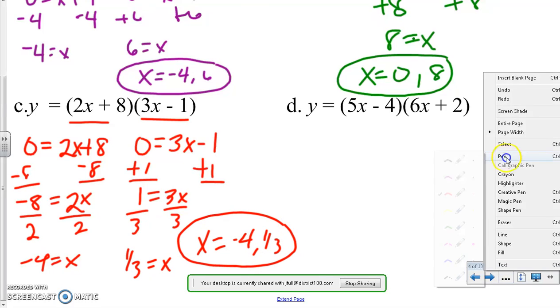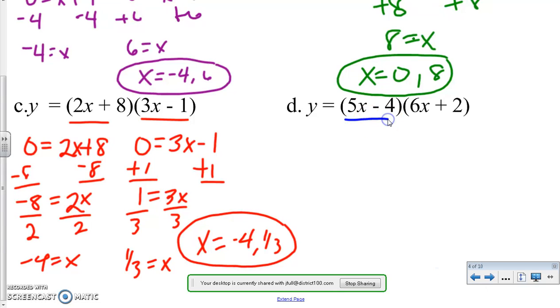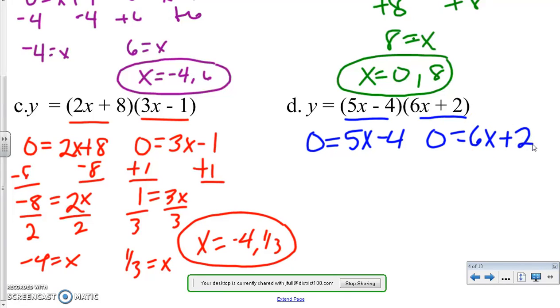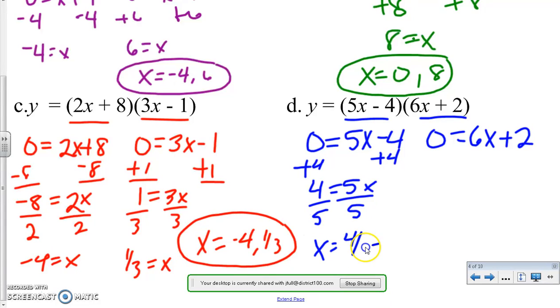Okay. Last problem on this page. Same thing. Take your two factors, set them equal to 0. So 0 equals 5x minus 4, and 0 equals 6x plus 2. We're going to add 4 to both sides to get 4 equals 5x, and then divide by 5. Since we can't divide that, we're going to get 4/5.